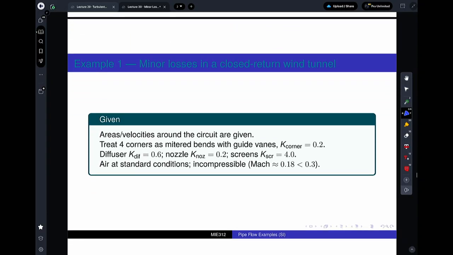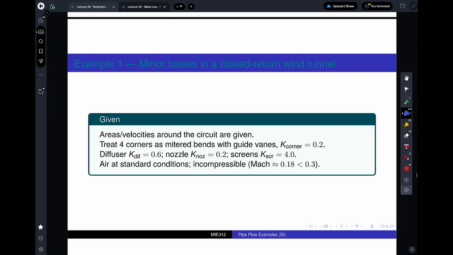In this particular problem, you are given all of the areas and velocities in the circuit. Treat the four corners as mitered bends with guide vanes, K corner of 0.2. The diffuser 0.6, nozzle 0.2, screens 4.